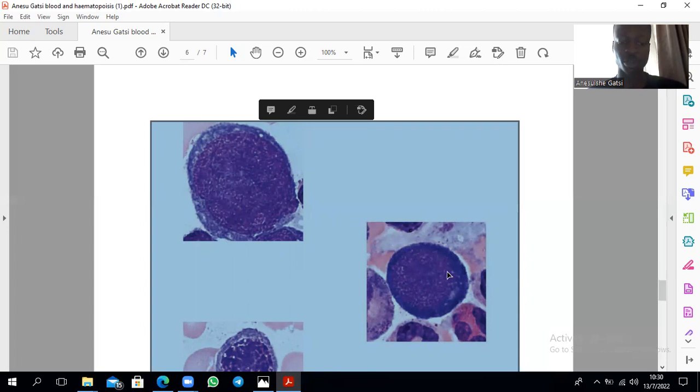The pro-erythroblast progresses to a basophilic normoblast or a basophilic erythroblast, this one. And it's quite smaller as compared to this one, as you can see. And you have a decrease in the nuclear to cytoplasmic ratio in this basophilic normoblast.